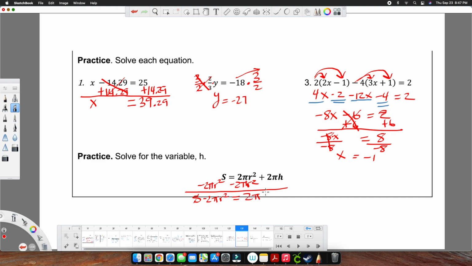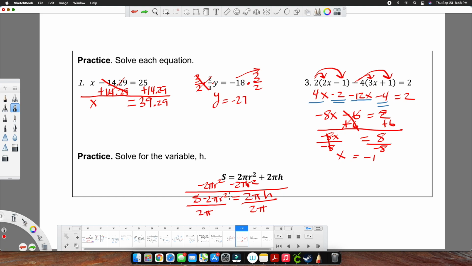So now to get h by itself, all I have to do is divide by the pieces that are being multiplied here. And I can do that together. So I'm going to divide by 2 pi on both sides, like this. Remember, this is everything being divided, so I can't just go like this and cancel them out. That doesn't work, because it's s divided by 2 pi and 2 pi r squared divided by 2 pi.